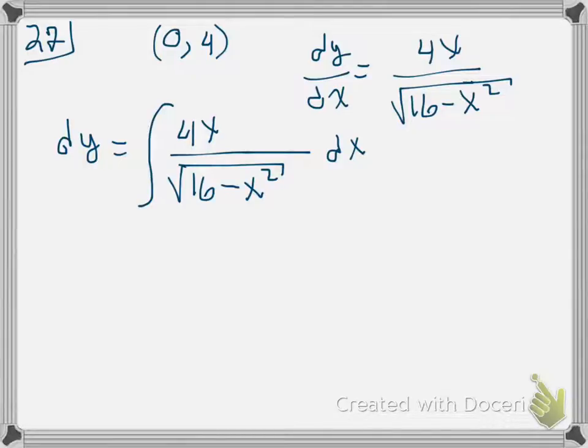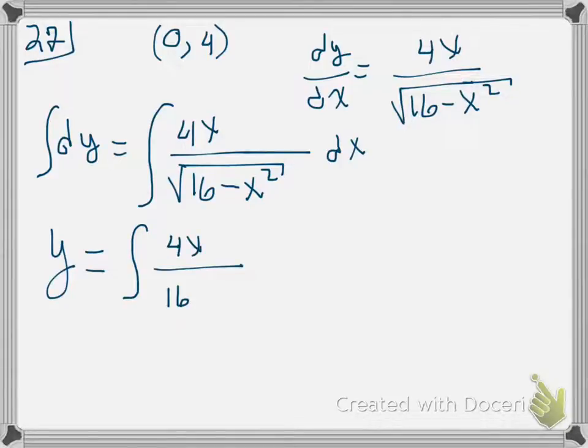Now if we integrate each side, integral of dy is, of course, y. So y is going to be the integral of 4x over 16 minus x squared raised to the 1/2 power dx.